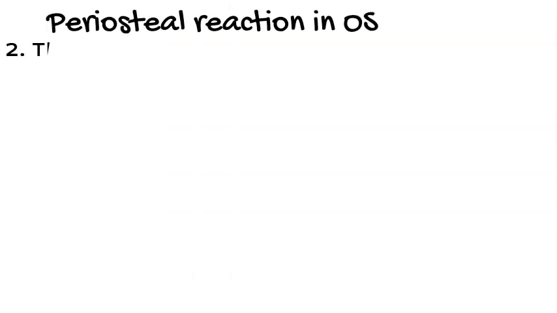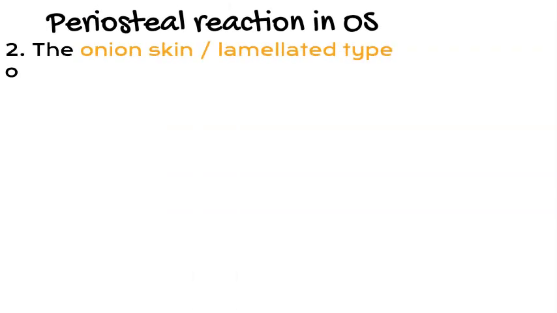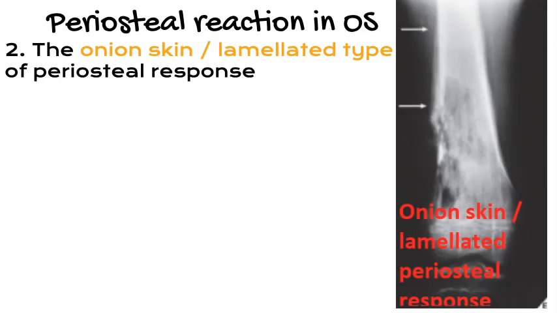The second type is the onion skin or lamellated type of periosteal response. This X-ray shows onion skin or lamellated periosteal response.